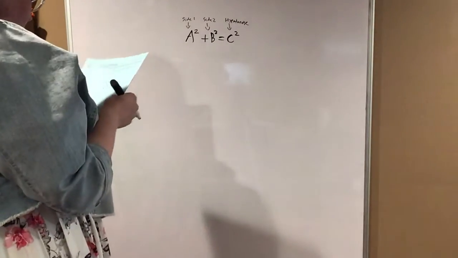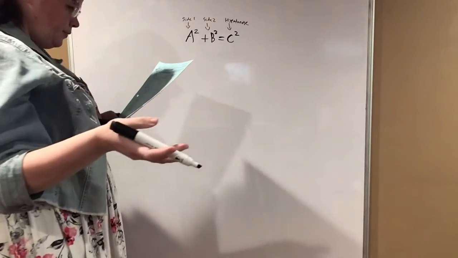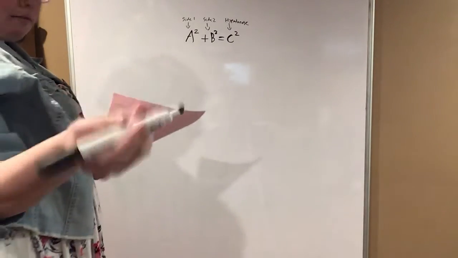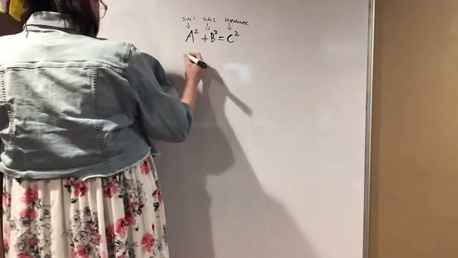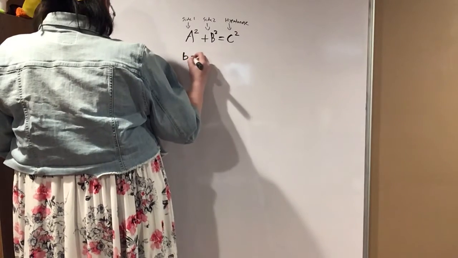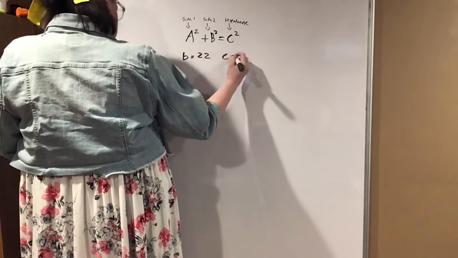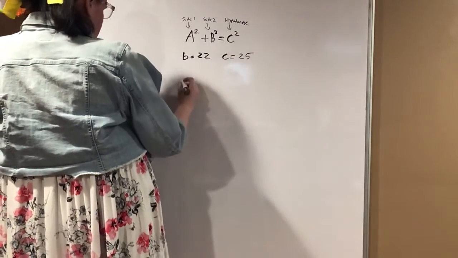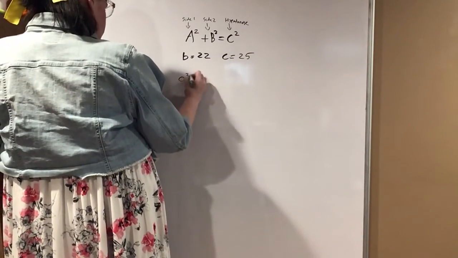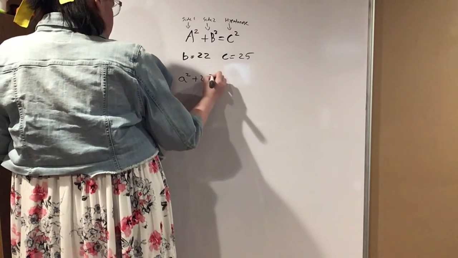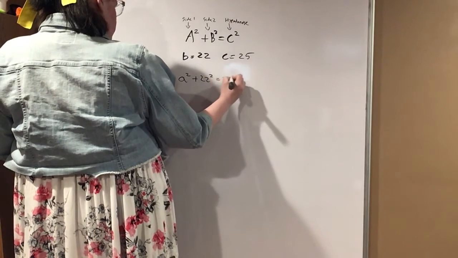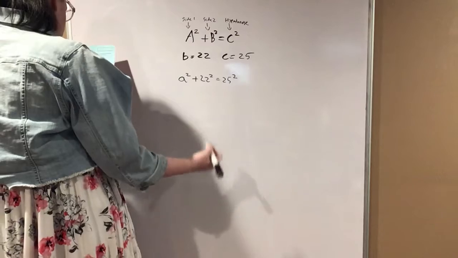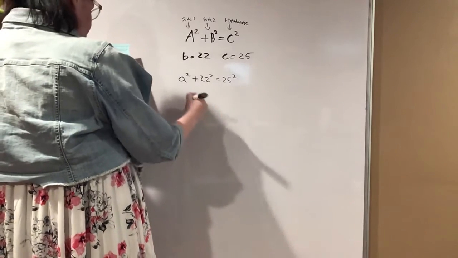So this one, they're not giving me triangles, they're just giving me the things. They're saying B equals 22 and C equals 25. Well, if I know those, I don't know A, so A squared plus 22 squared equals 25 squared. Okay? Well, let's figure this out.